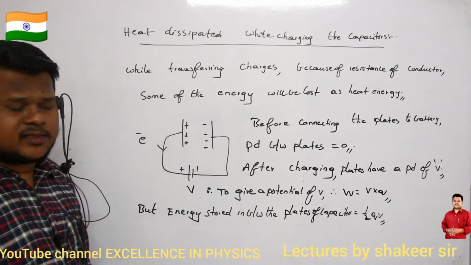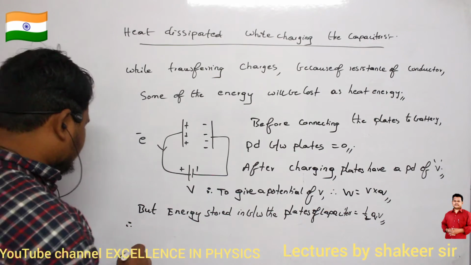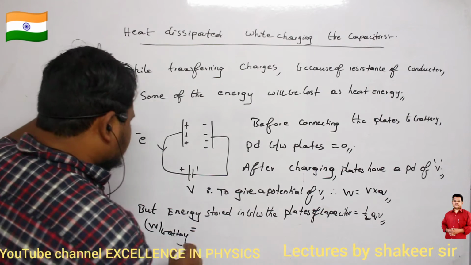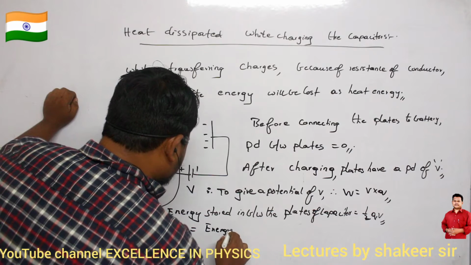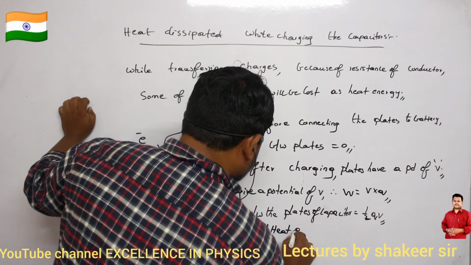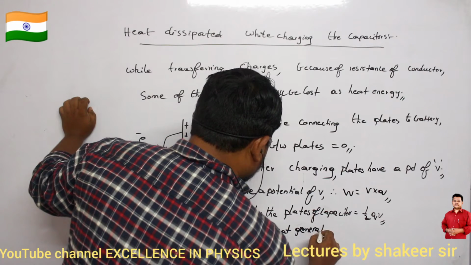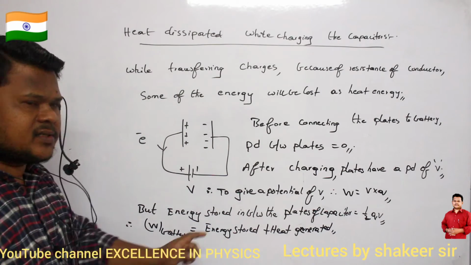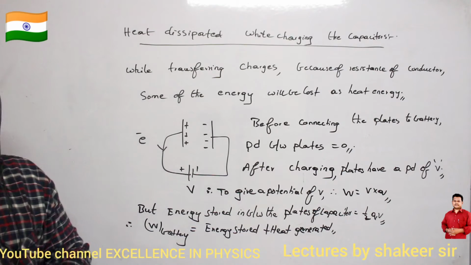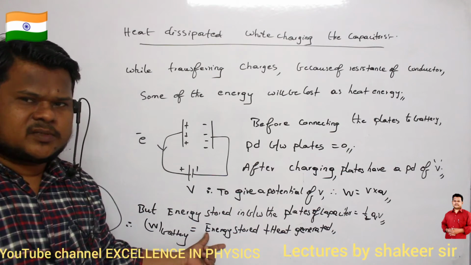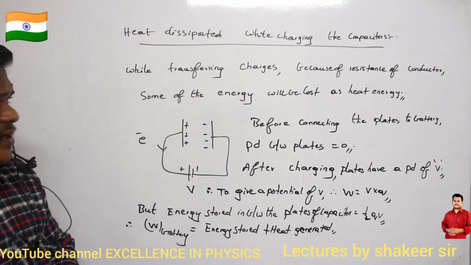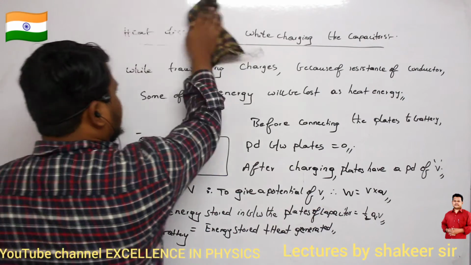So how can I write the relation? Work done by the battery equals the energy stored between the plates of the capacitor plus the heat generated. The heat generated is also obtained from the battery only. So the battery does two types of work: one is storing some energy between the plates of the capacitor, and the remaining energy is dissipated as heat energy.